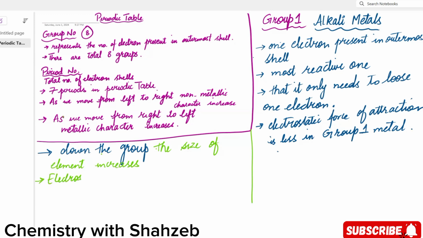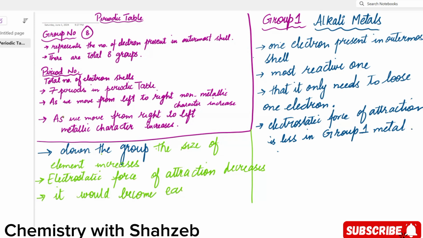And if the electrostatic force of attraction decreases, then it becomes easier for them to lose an electron.